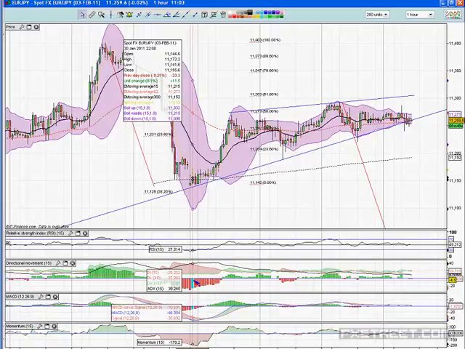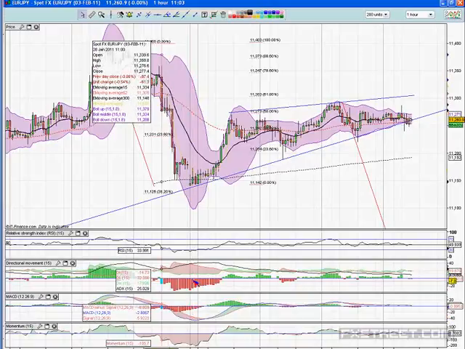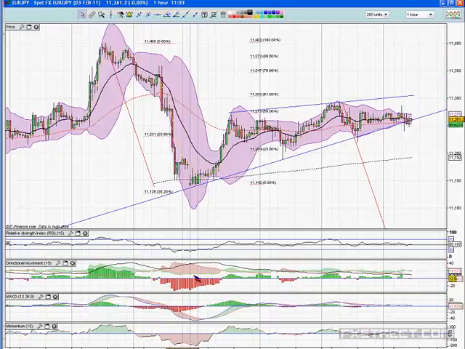It's as simple as that. With regards to the directional movement indicator, it is a trading system. You don't have to mess around with it. When it's red, you should be selling, and when it's green, you should be buying. It's as simple as that.